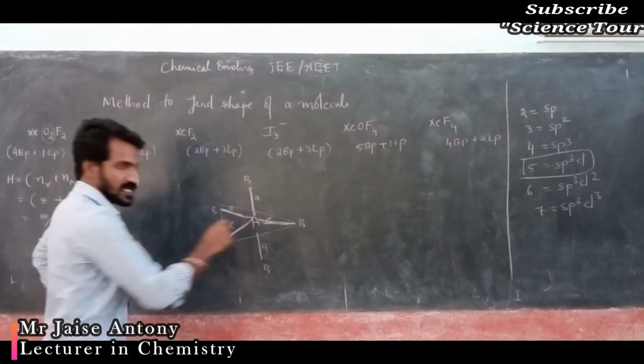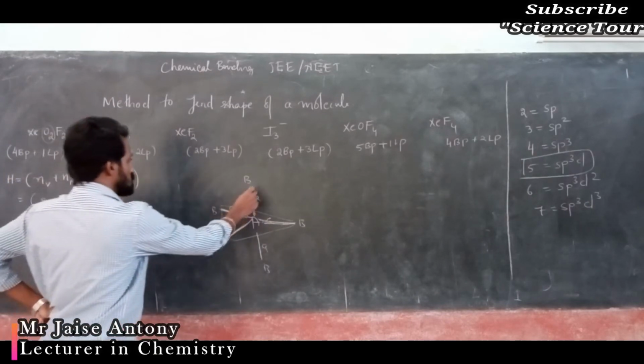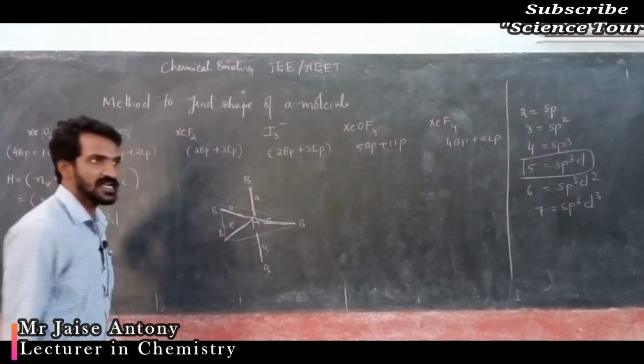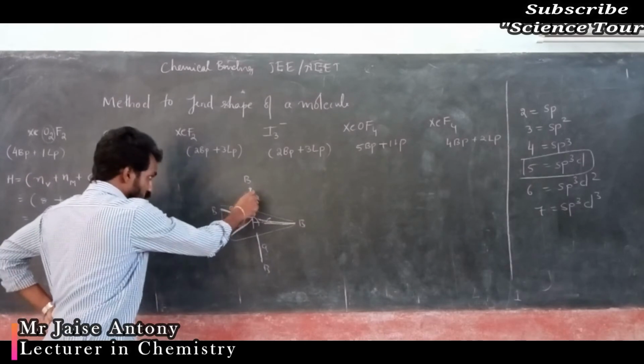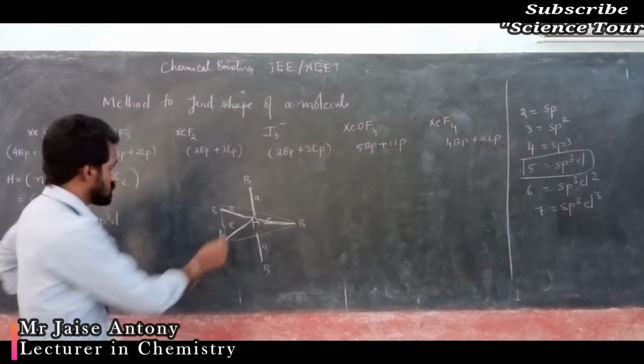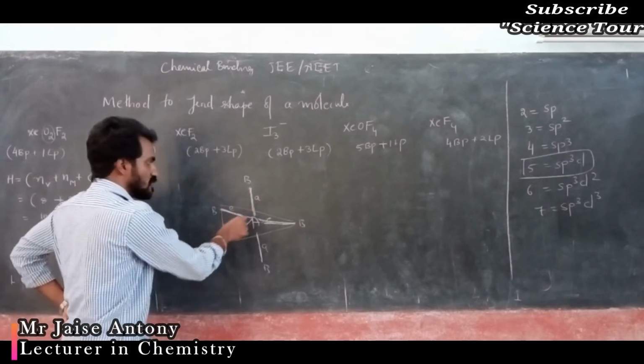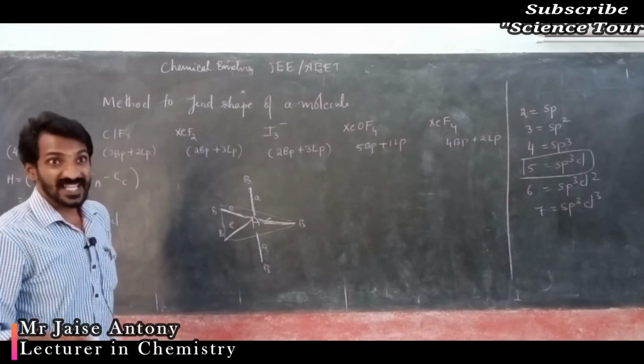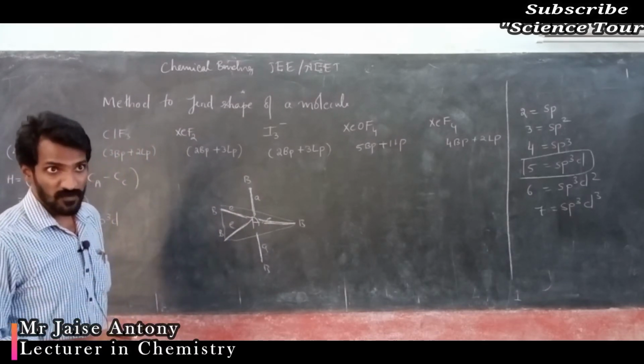Axial bond is linear, 180 degrees. Each axial bond forms 90 degrees with the 3 equatorial bonds.